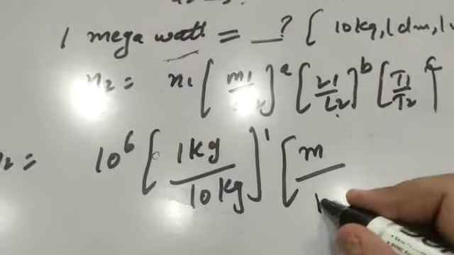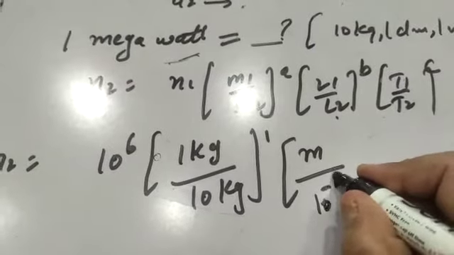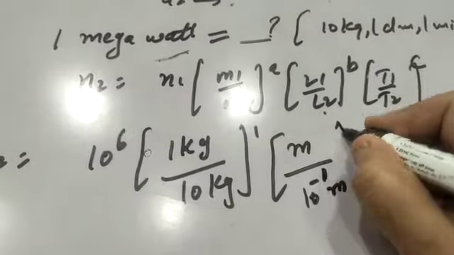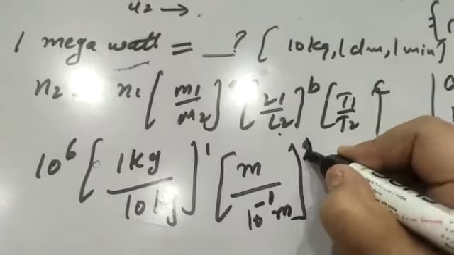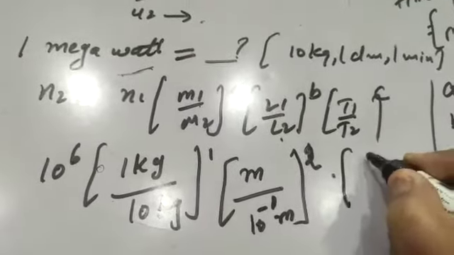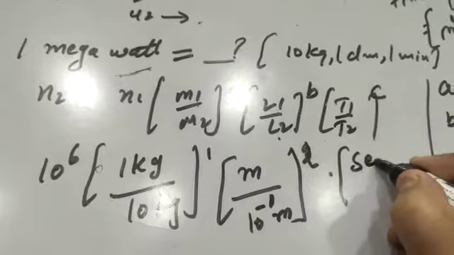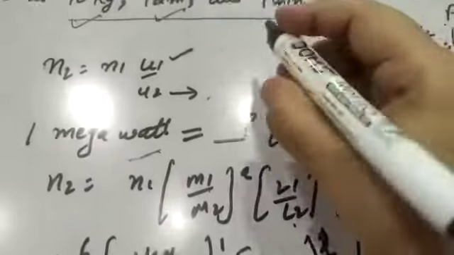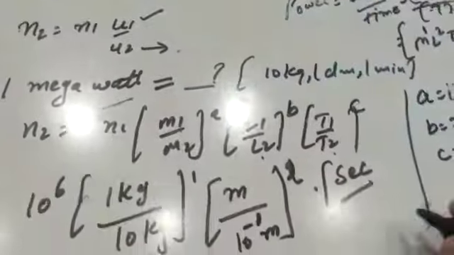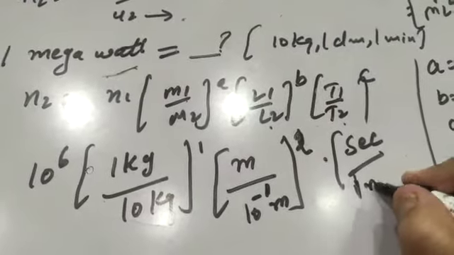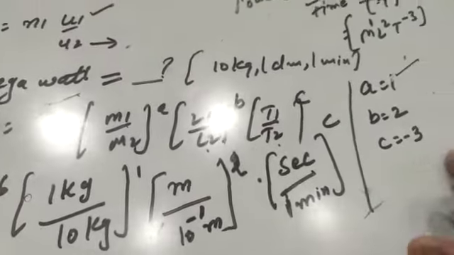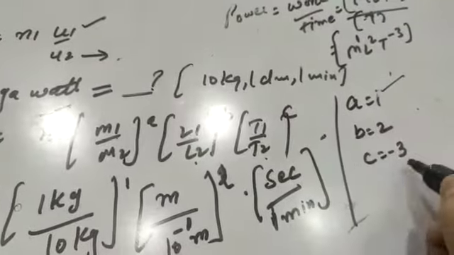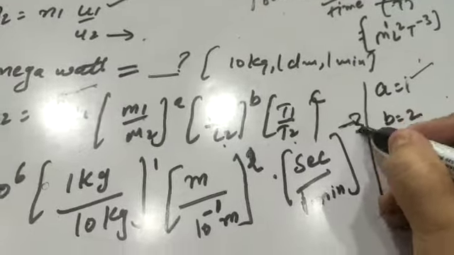Decimeter can be written as 10 raised to power minus 1 meter, raised to power B, which is 2. T1, time in the MKS system, is second. In the new system of units it is given to be 1 minute. So we will write 1 minute raised to power C. C is what? Minus 3.